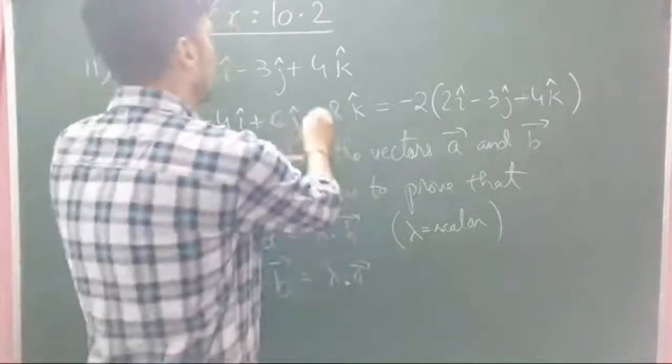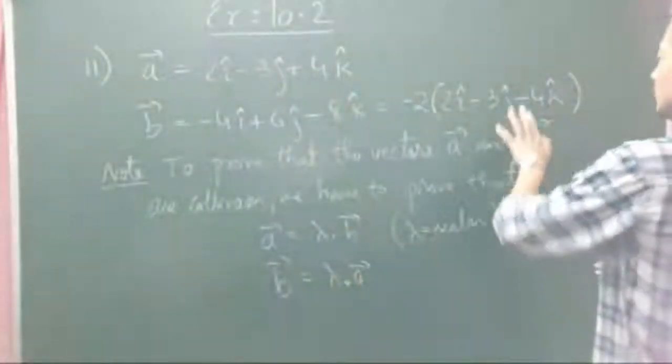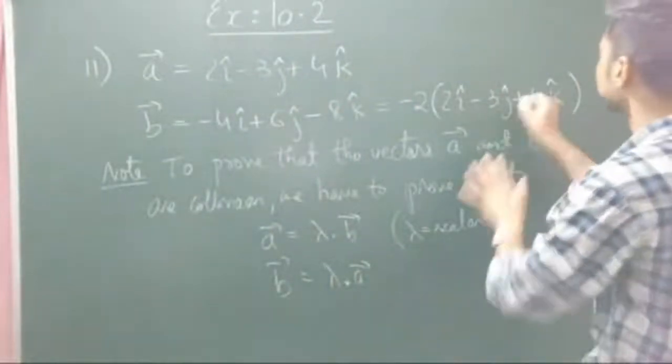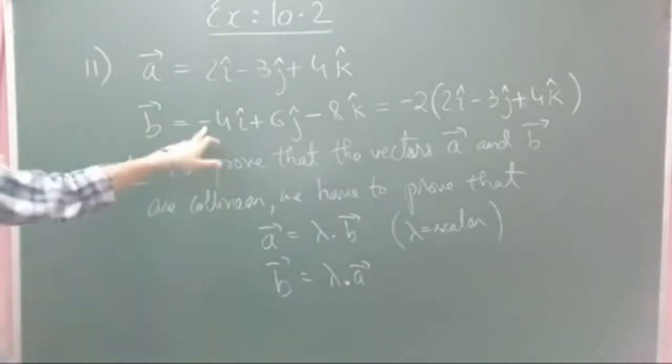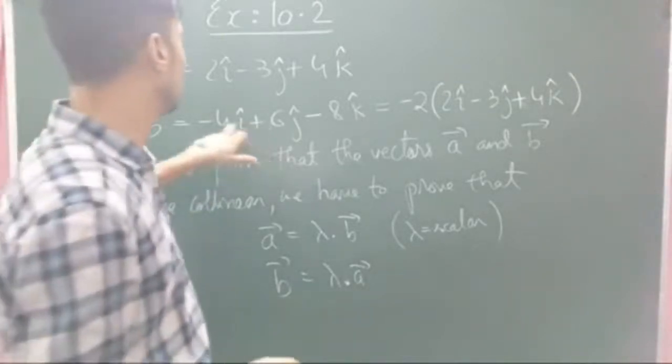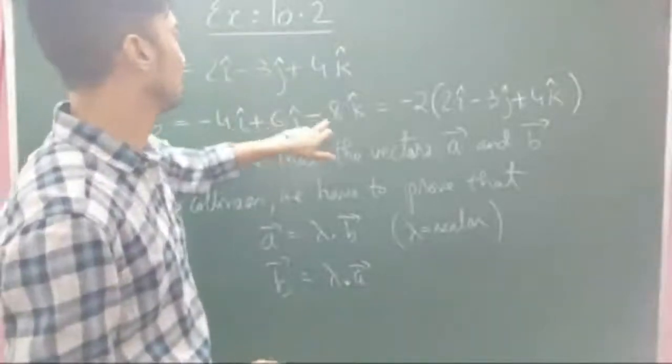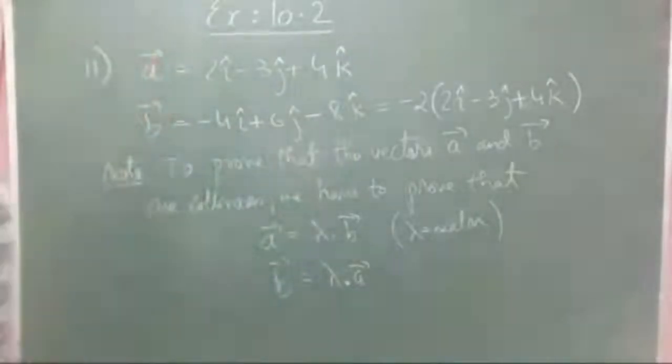Okay, you can just make a correction in your textbook if it is not correct. You take minus common, minus 2 times 2, minus 3, plus 4. Make that correction.